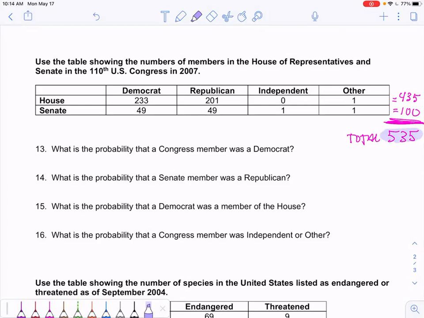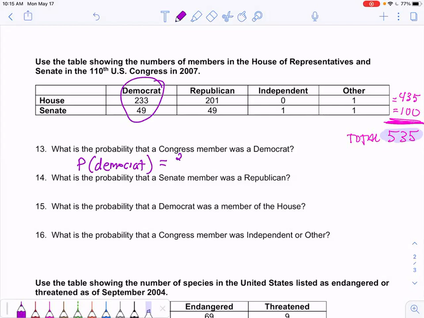So you have to do that math first. So now it should be pretty easy. Emma, what is the probability that a Congress member was a Democrat? So this whole chart is considered Congress, because House and Senate, both of those are Congress. So how many Democrats are in the House, Emma? No, I mean Democrats.